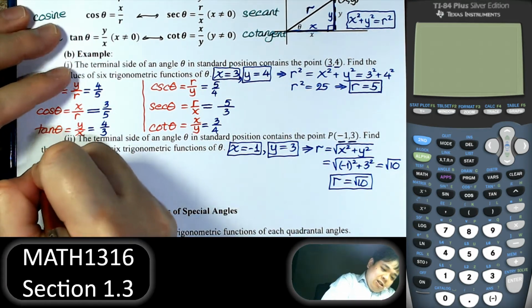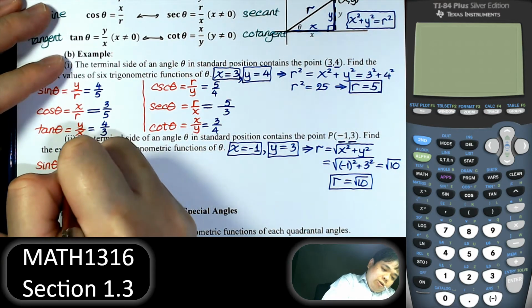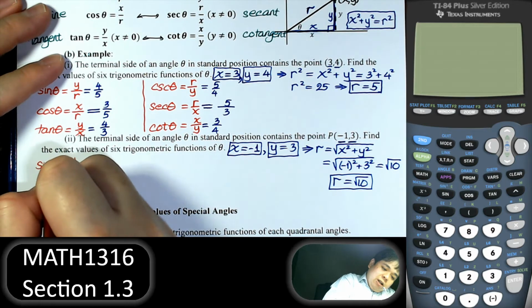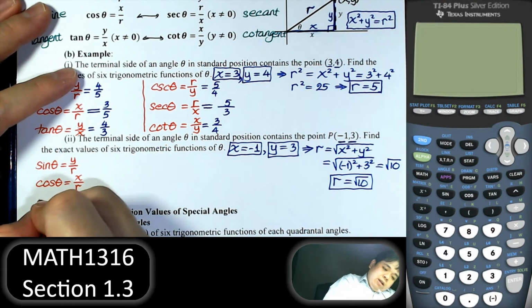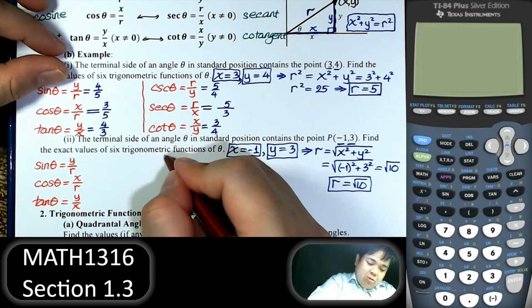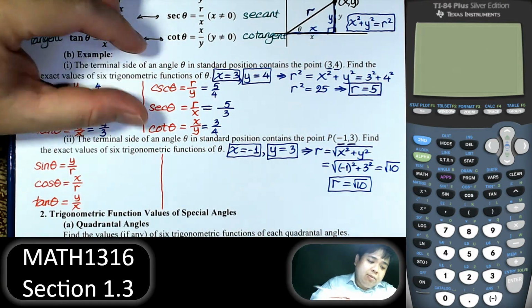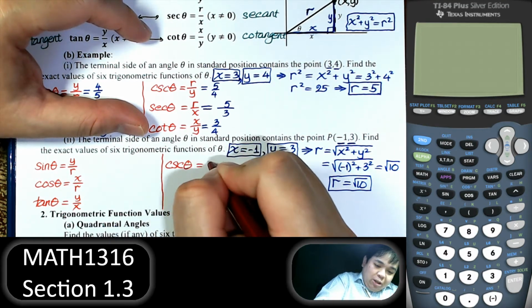Sine is y over r, cosine is x over r, tangent is y over x. Let's give some space. Cosecant is the reciprocal of sine.